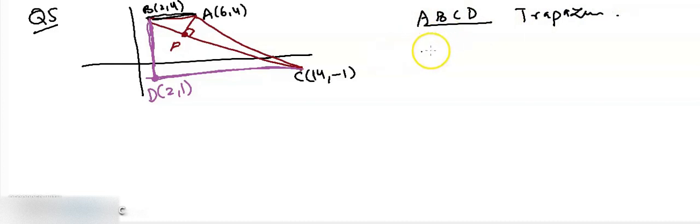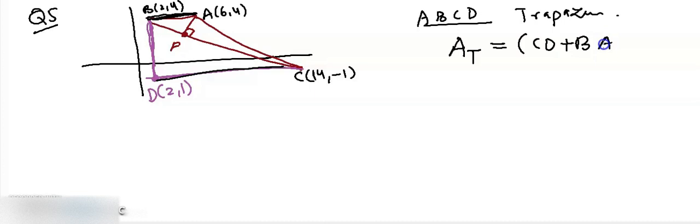So I can calculate its area, which is going to be the total area of this shape, and it is nothing but 1/2 (base 1 + base 2) times height. So base 1 is going to be CD, and base 2 is going to be BA, because CD and AB are parallel.